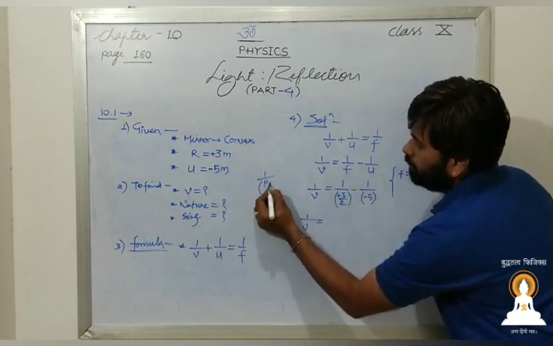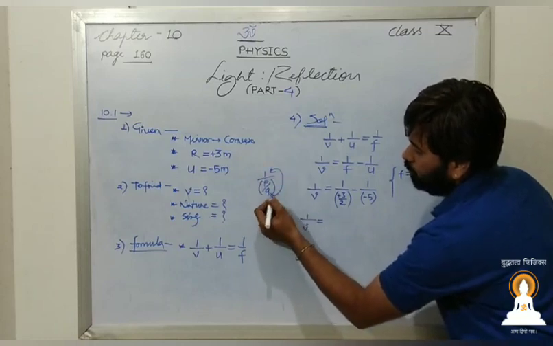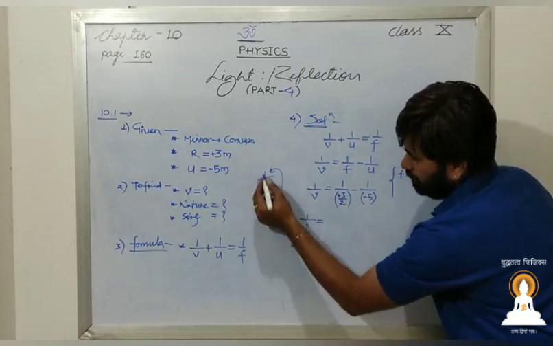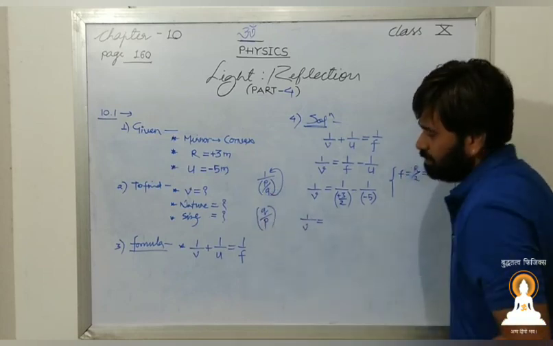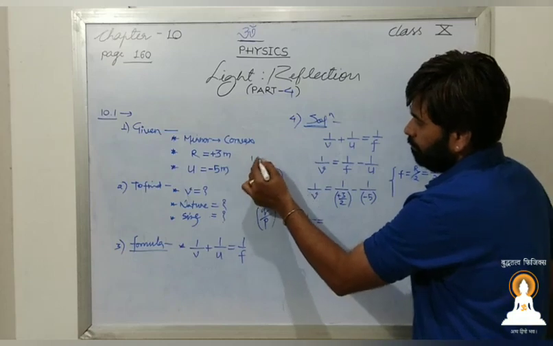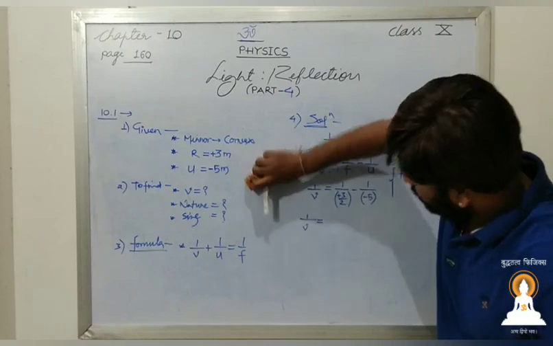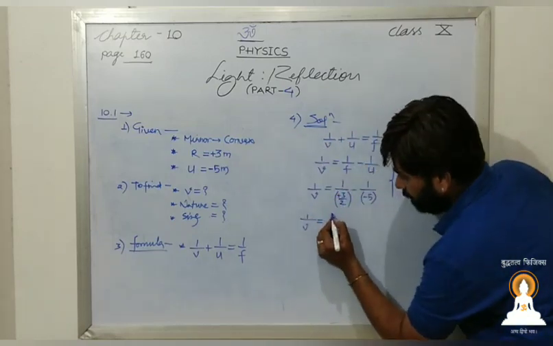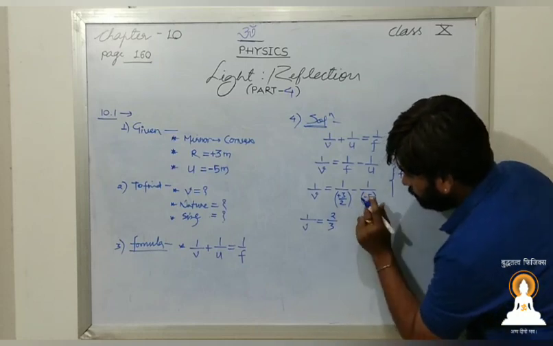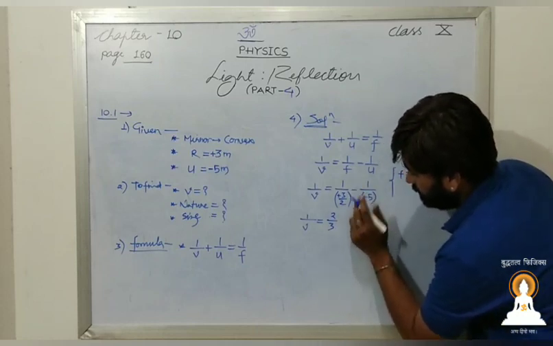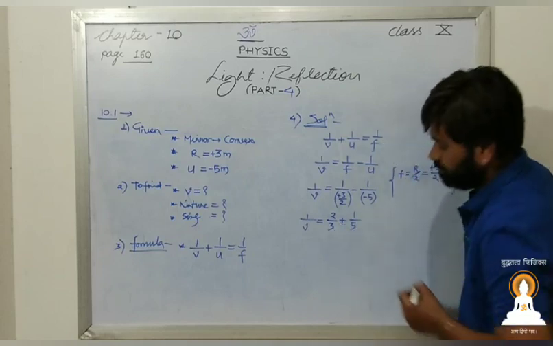If 1 upon p upon q is there, then in mathematics we see that it is nothing but 1 by 1 over p by q, so this will be q by p. So here the same thing will happen, and this will be 2 by 3. Then minus and minus will become plus, so plus 1 upon 5.